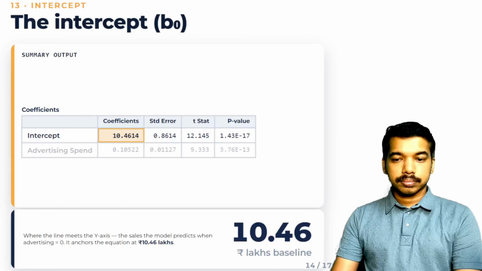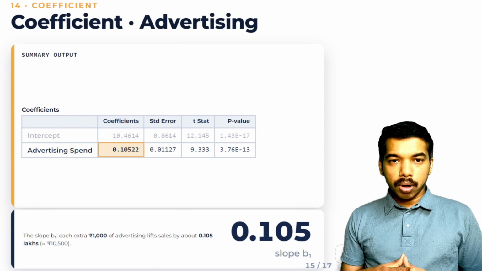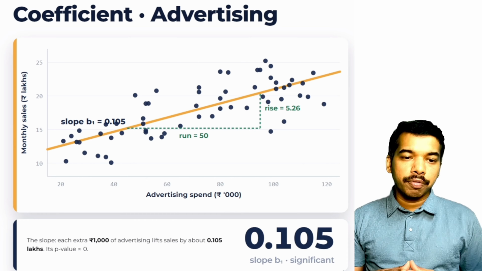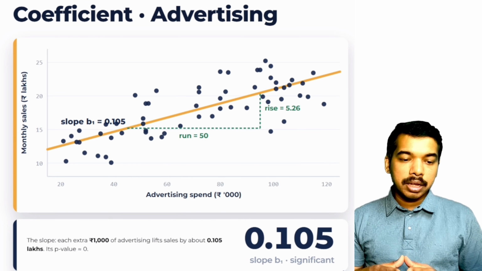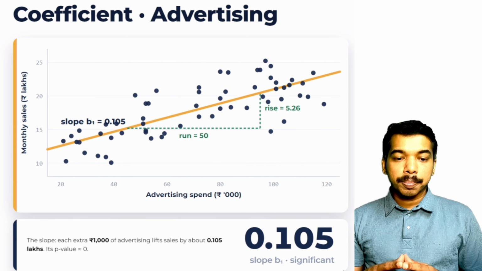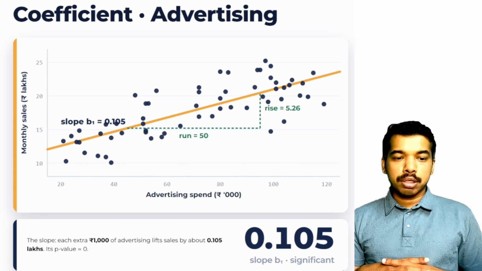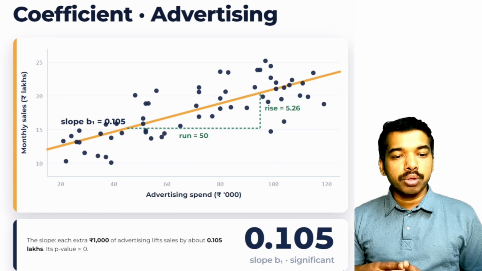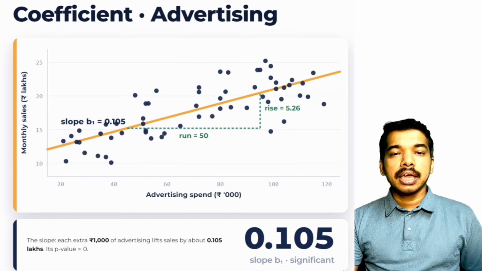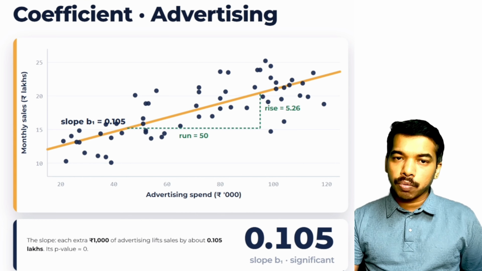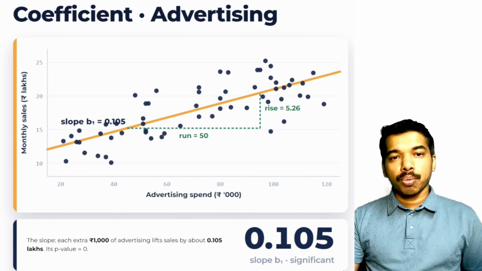Moving on, the next item is the slope of the regression, or the coefficient. We have ad spend as the independent variable. This explains the changes in the sales because of the ad spend. Here we have coefficient 0.105 and p-value 3.76E-13. That means it's almost equal to 0, in other words, lesser than 0.05.